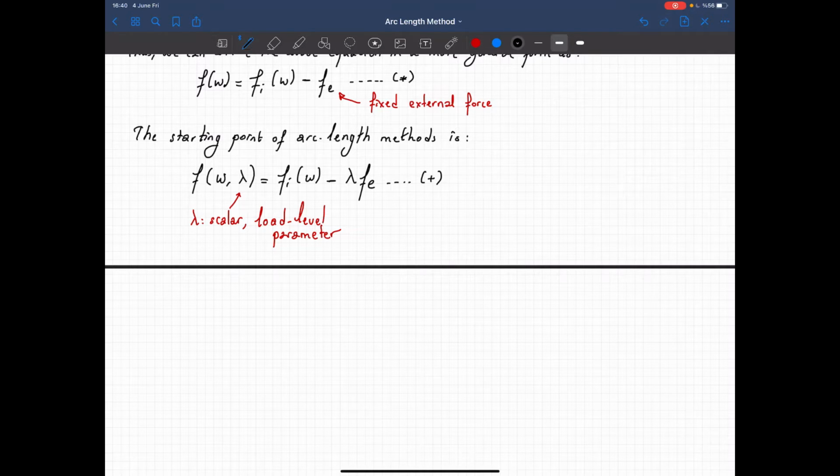So with this lambda, we say that the equation plus defines a state of proportional loading.